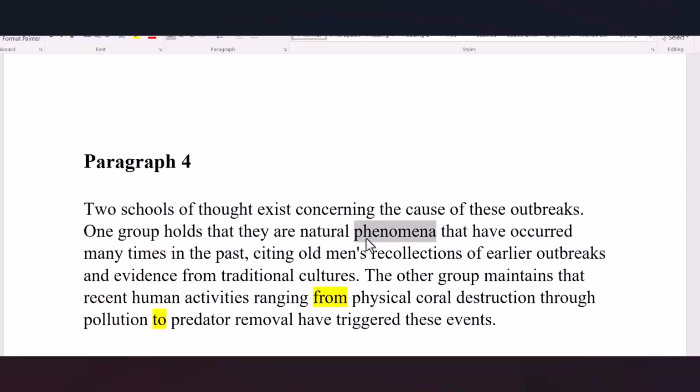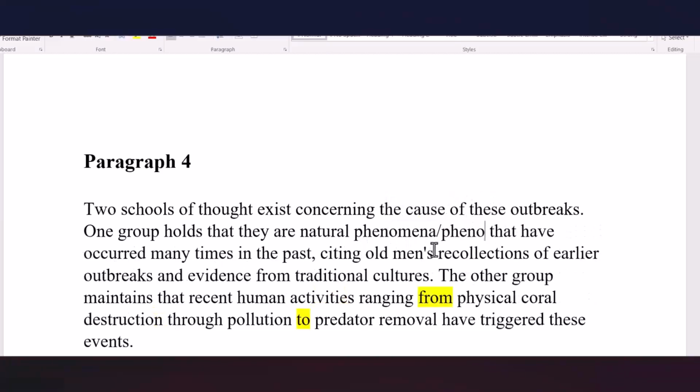In the word phenomena, stress is on the letter N. Since phenomena is plural, this is a Latin plural, its singular form is phenomenon.